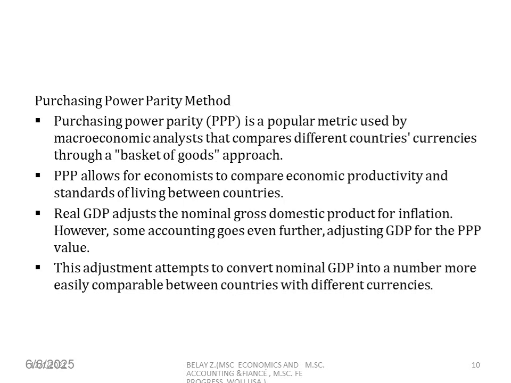The real GDP adjusts nominal gross domestic product for inflation. However, some accounting goes even further, adjusting GDP for purchasing power parity values. This adjustment attempts to convert nominal GDP into a number more easily comparable between countries with different currencies.